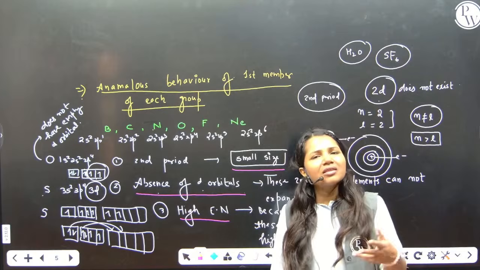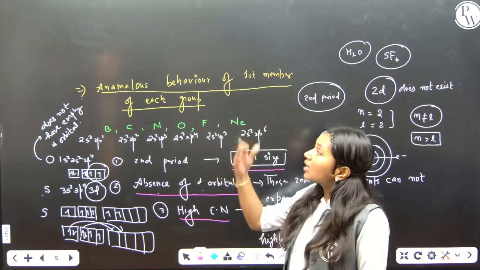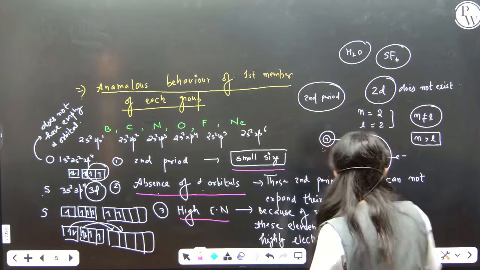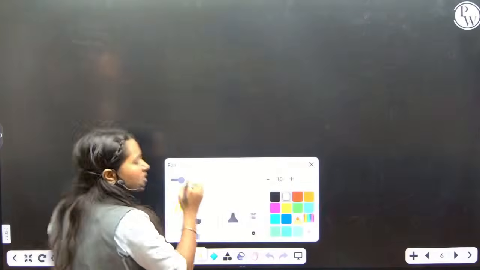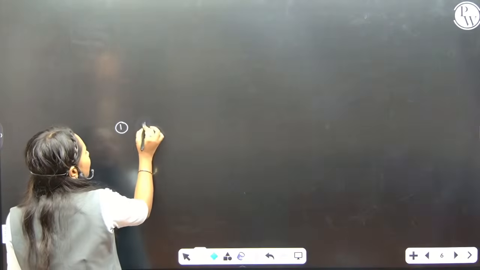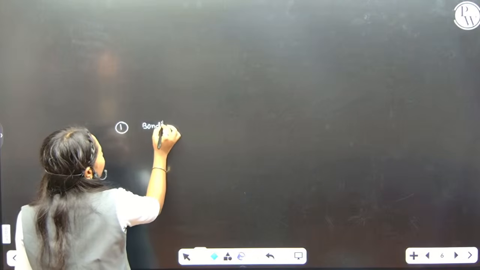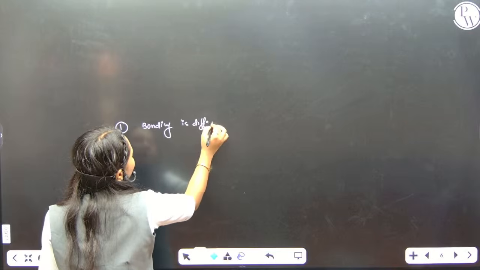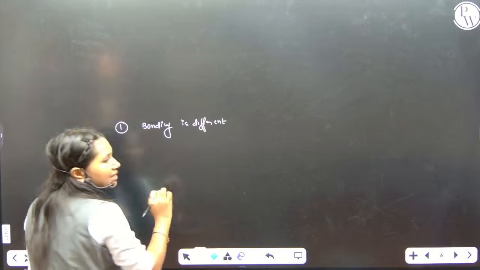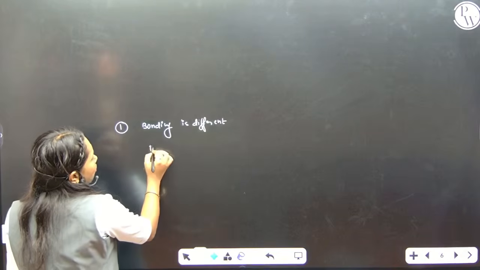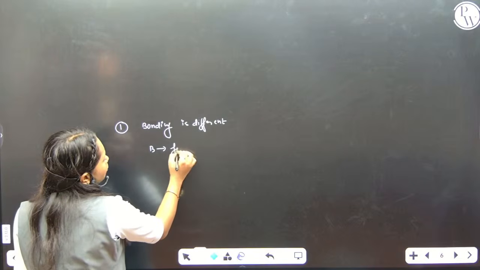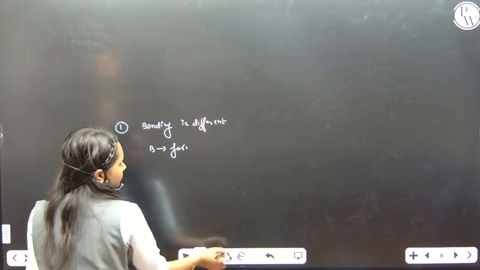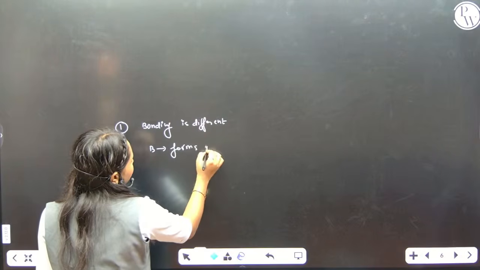And what are the anomalous behaviors? I will tell you. The anomalous behavior is that their bonding is different. For example, boron forms covalent compounds.